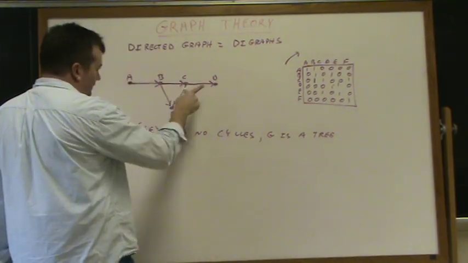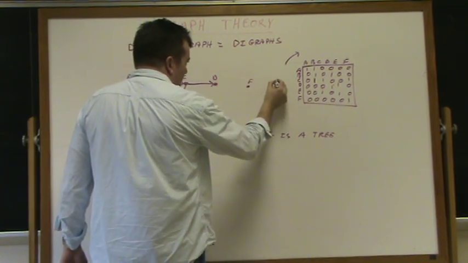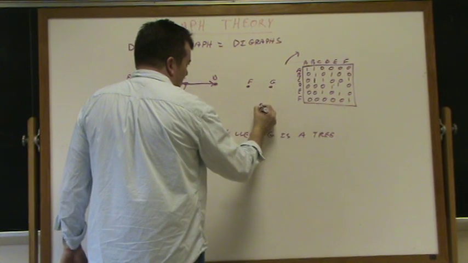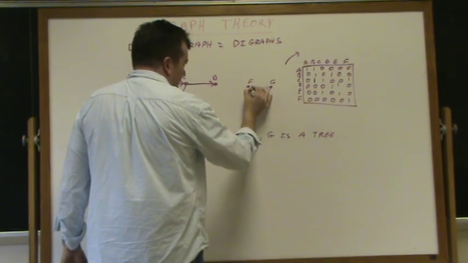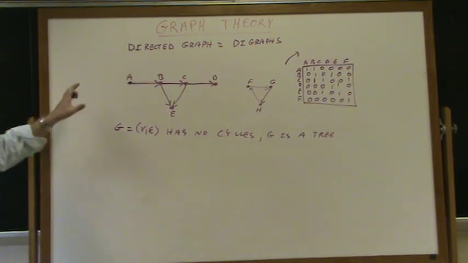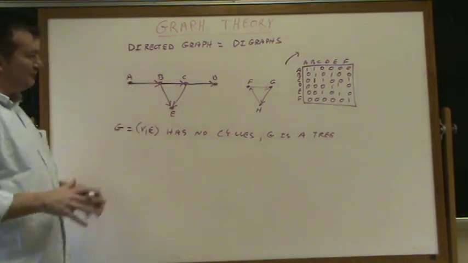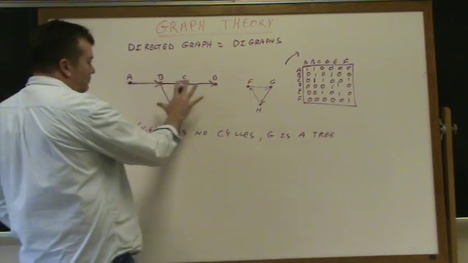A, B, C, D, E, F, G, H. This graph now has two components to it, two separate pieces, right? There's no law that says they all have to be connected. So this is a graph with two components.